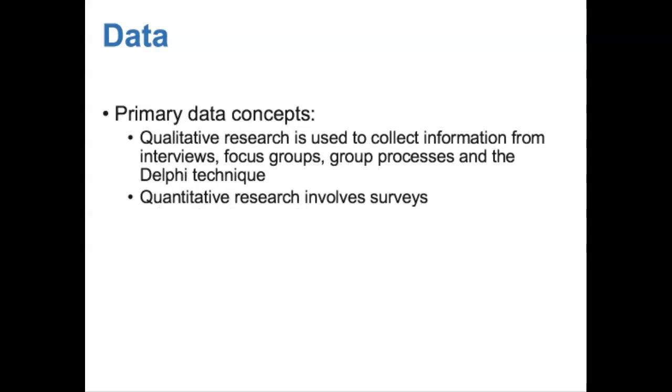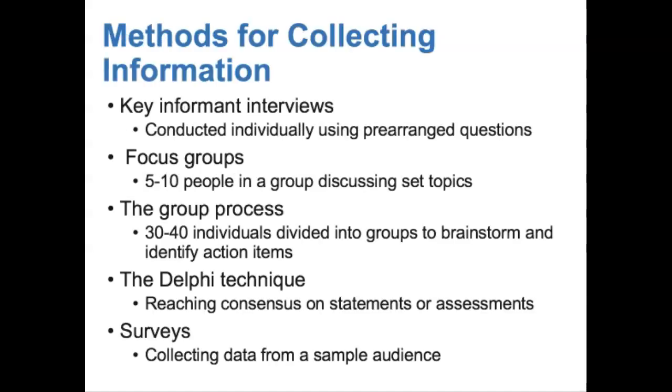And when it comes to primary data collection, qualitative research is used to collect information from interviews, focus groups, group processes, and the Delphi technique. And quantitative research involves typically surveys. Here are some potential methods that you can use.